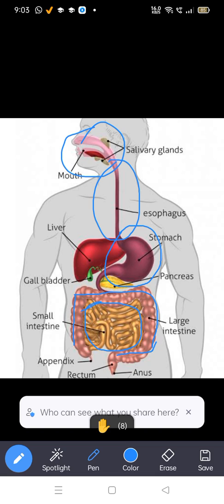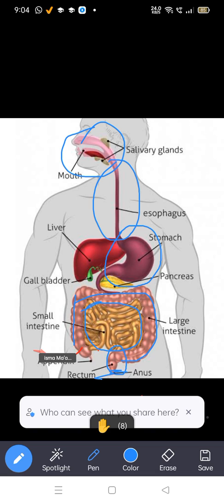The last portion of the large intestine is the rectum, and this opening is the anus. So these are the different organs of the alimentary canal.